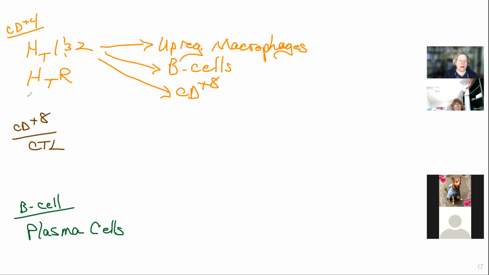Now, your helper T repressor cells help calm things down. They downregulate immune responses.